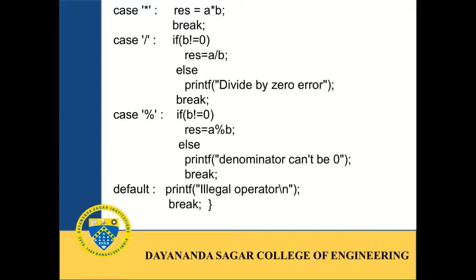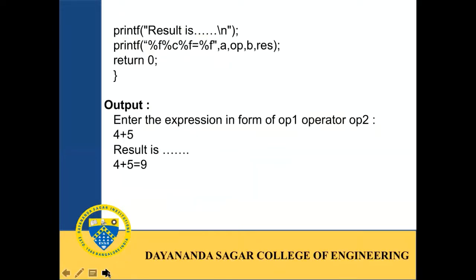We just have one printf statement, that is illegal operator, then break. Writing the break statement after the default statement is not mandatory, because that's the last statement inside the switch, so the execution has to come out of the switch statement even though there is no break statement. That's how the switch statement works.